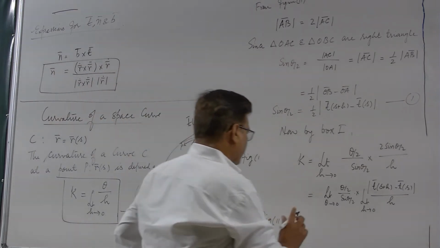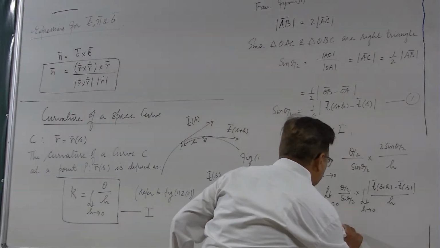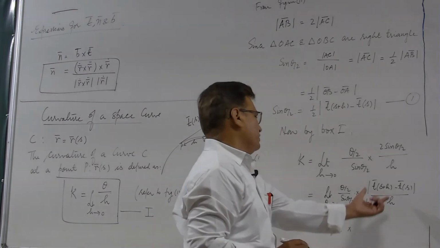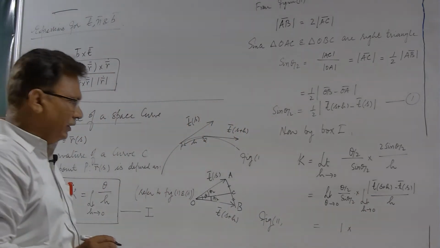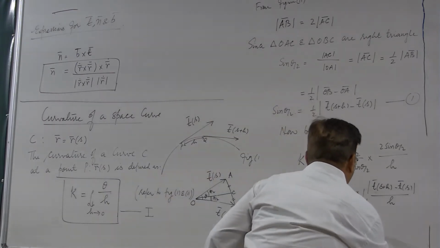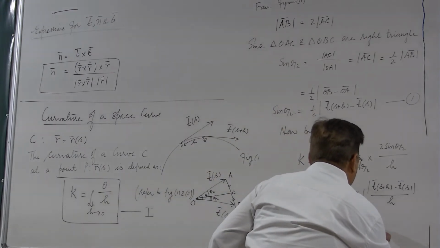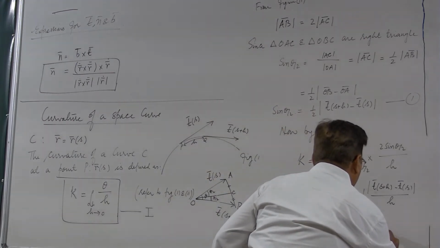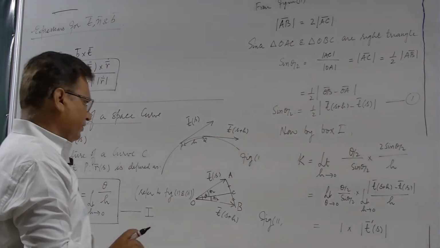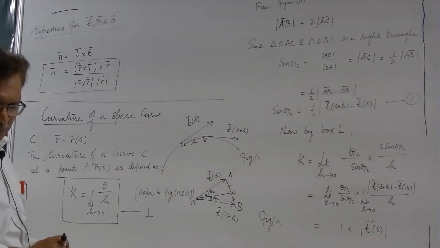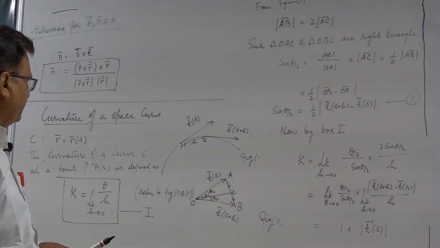The limit in the first term is just simply 1, and this you can recognize as the derivative of T with respect to s. So, I will call it T dash at the point P, or you can say s. The parametric value is s, the actual point is P. So, what do you find?